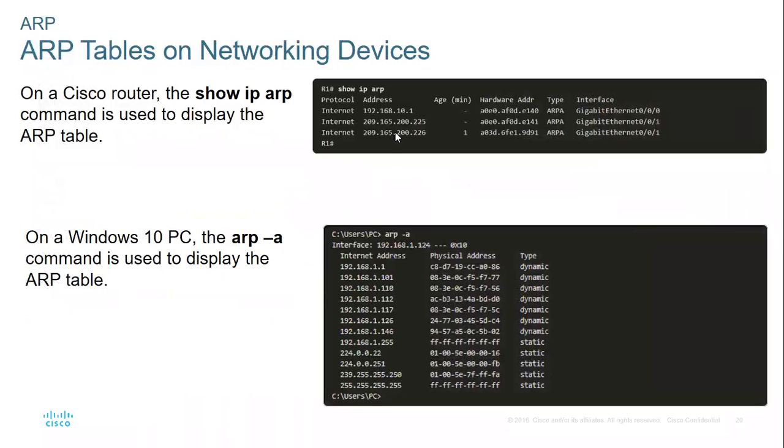Okay, so on your laptop, if you want to see this ARP table, you go to your command prompt and type, anyway, this is for the router, but for your PC, this is the command, arp -a.